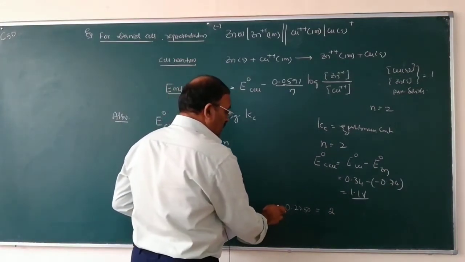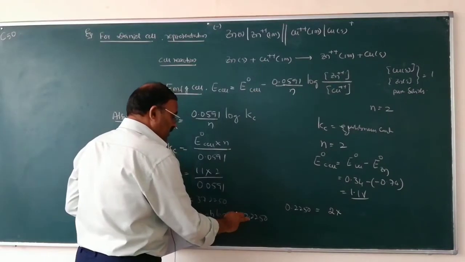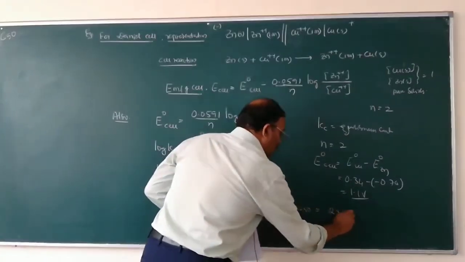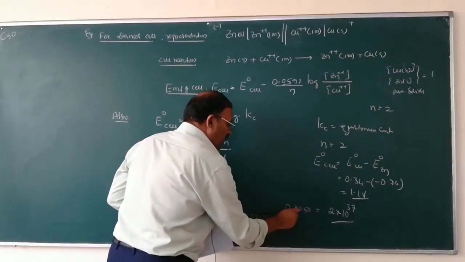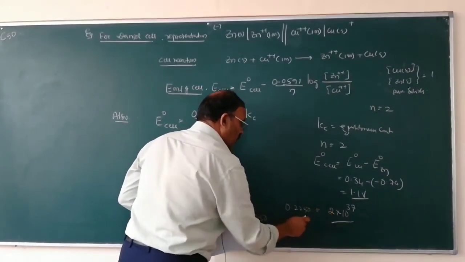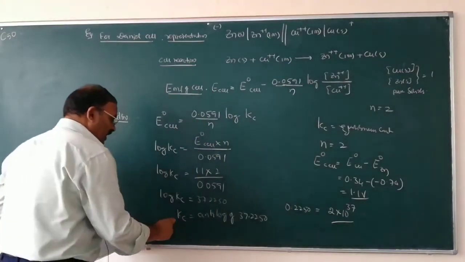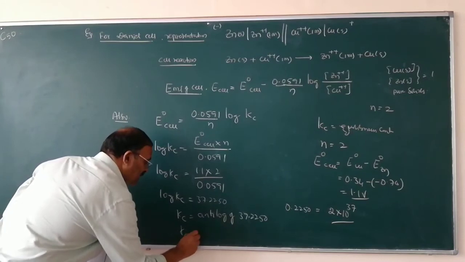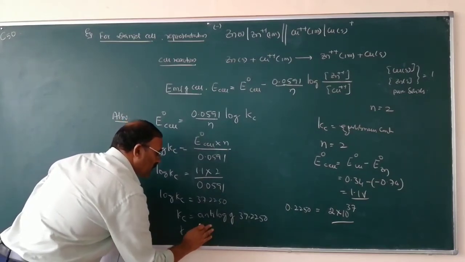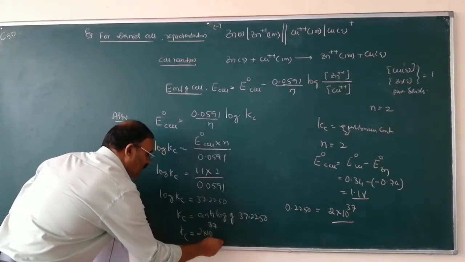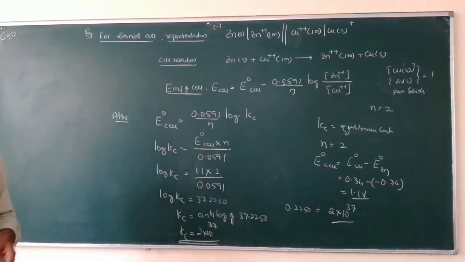Characteristic is 37, so make this as 10 to the power of 37. So anti-log of 0.2250 is equal to 2 into 10 to the power of 37. So this is the value of Kc. Kc is equal to 2 into 10 to the power of 37. This is how the equilibrium constant of a reaction is determined.